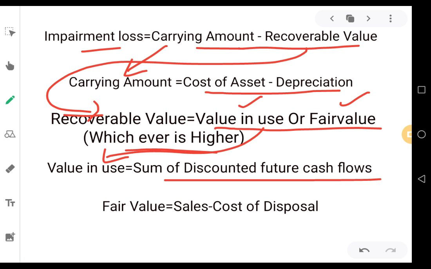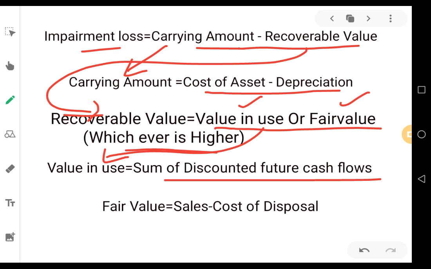The asset is going to make income to the entity in future, not in the past or in the present. The income from that asset is going to reach the hands of the organization at a future date. Therefore, any money received on a future date will not be equal to the present day's money.